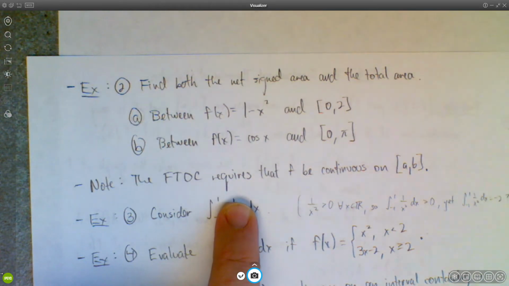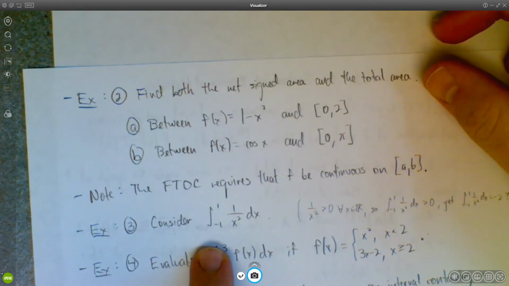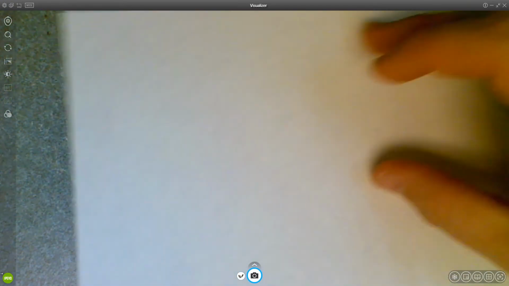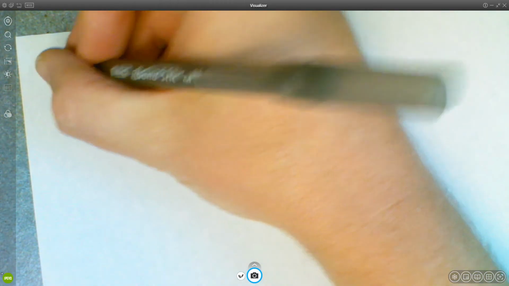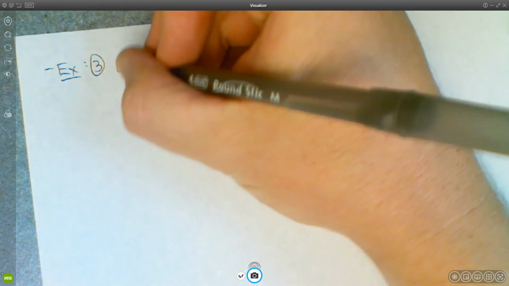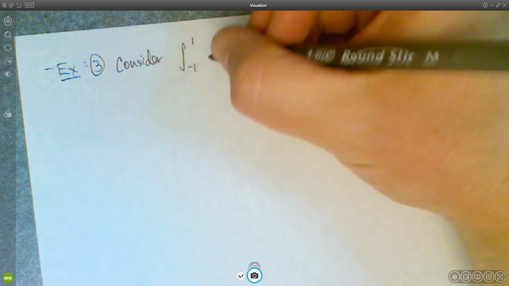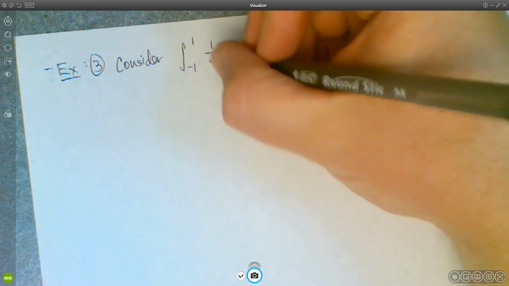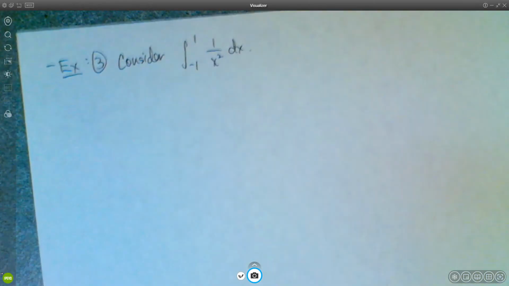And to show you why it's important that we pay attention to that criterion, let's consider the following, right? So let's consider the integral from -1 to 1 of 1 over x squared dx.